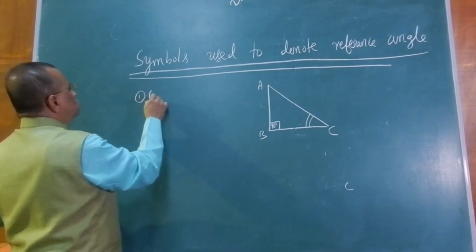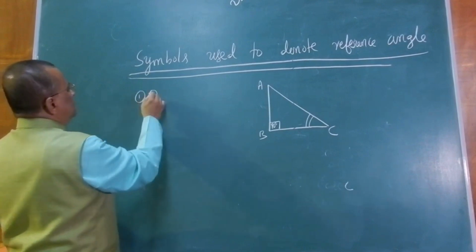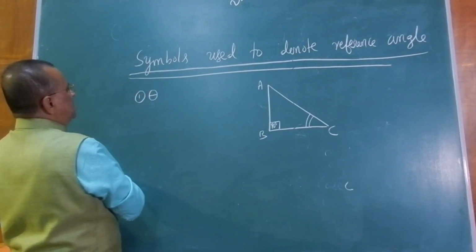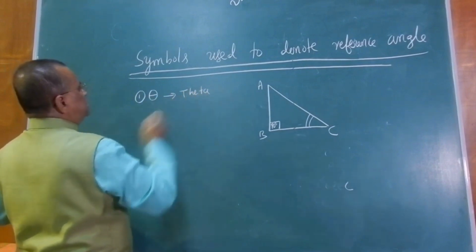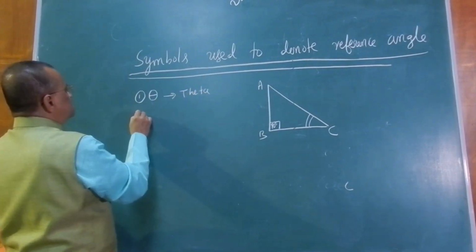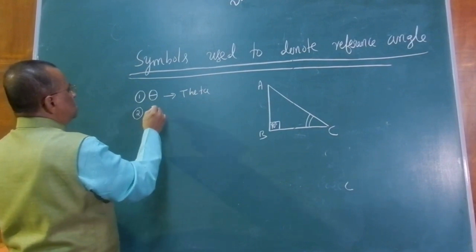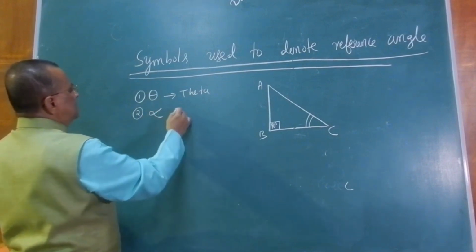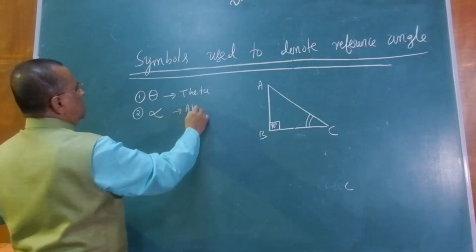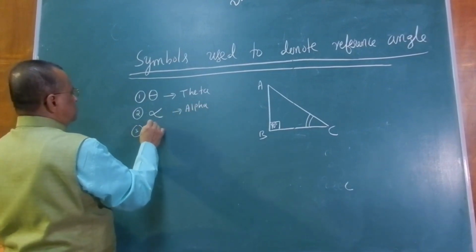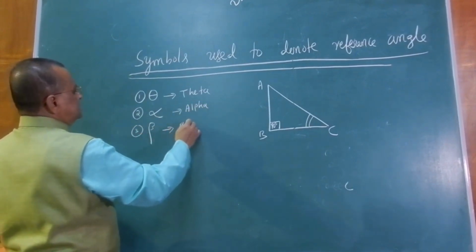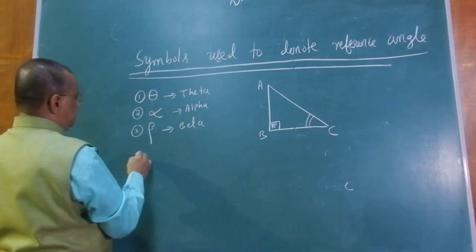First, we use this symbol. This is called theta. Sometimes we use this symbol, that is alpha. And sometimes we use this symbol, called beta.